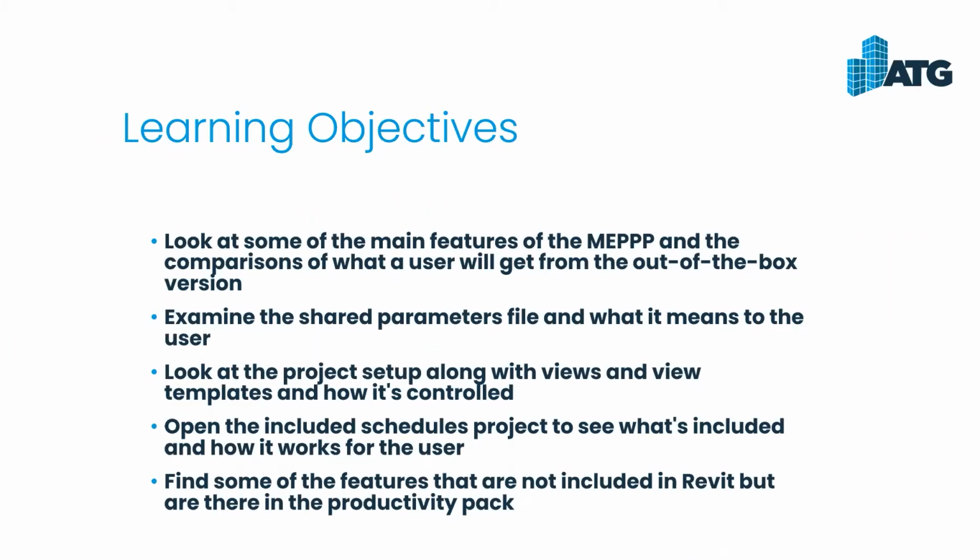I really want to get right into the focus here, but just want to cover a few of the things that we're going to look at. We're going to take a look at some of the main features of the MEP Productivity Pack. So this is a product that we have. We're going to go through a few comparisons between that and what you get from the out-of-the-box version.